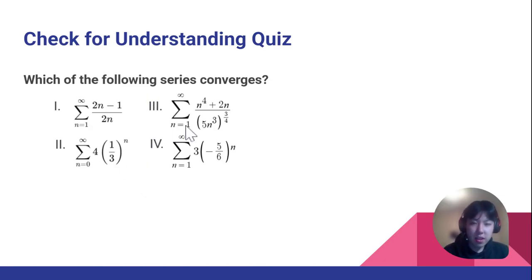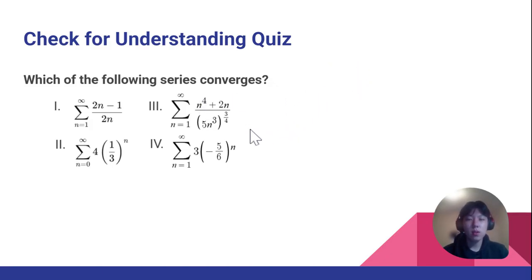All right, number 3, you have this scary looking quartic series, but if you break it down, it's actually pretty simple. If you take the limit as n approaches infinity, look at the largest term of the numerator. It's n to the 4.